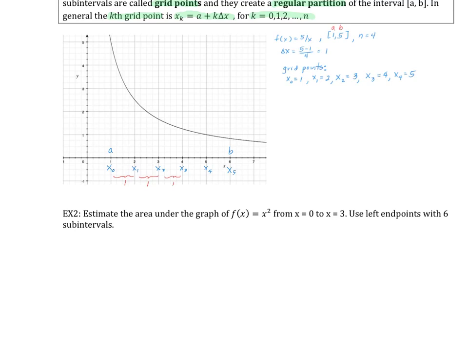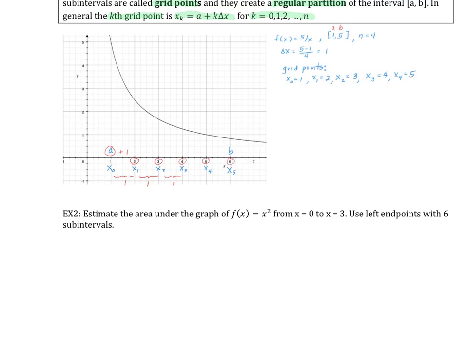So if you have your a value, your starting point, and you have your delta x, to find your grid points, you just start with your a value, and in this case you add your delta x, which is 1, and that would get you to your next value, which is 2. If you add your delta x, which is 1, you get to 3, and so on.